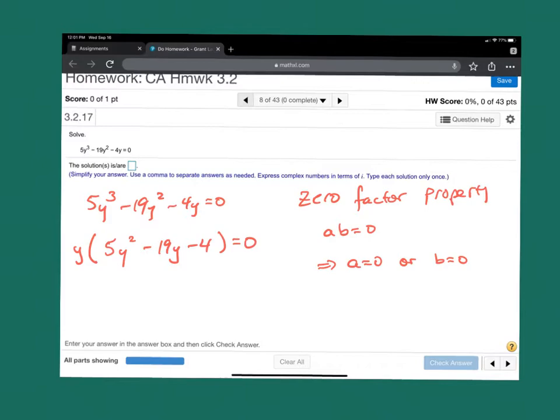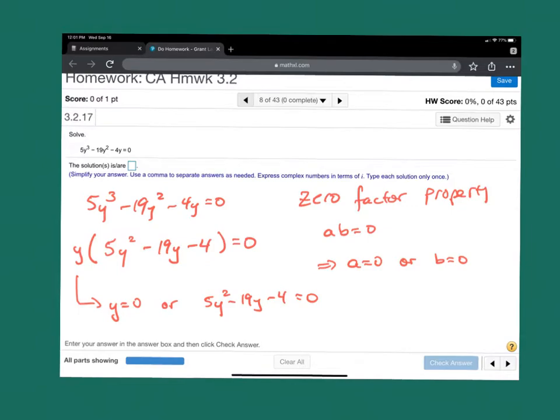And so what this is saying here is once I get it factored like this, one solution is going to be where y is 0, or I'm going to have a solution where my other factor, 5y squared minus 19y minus 4, is equal to 0.